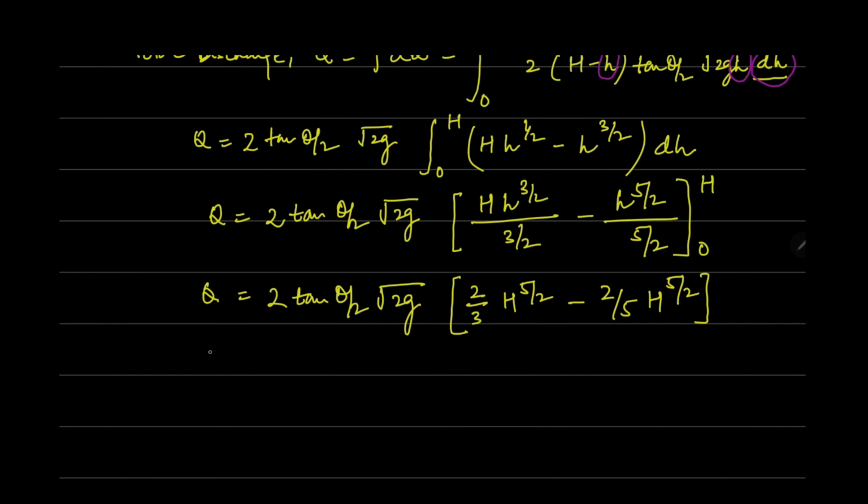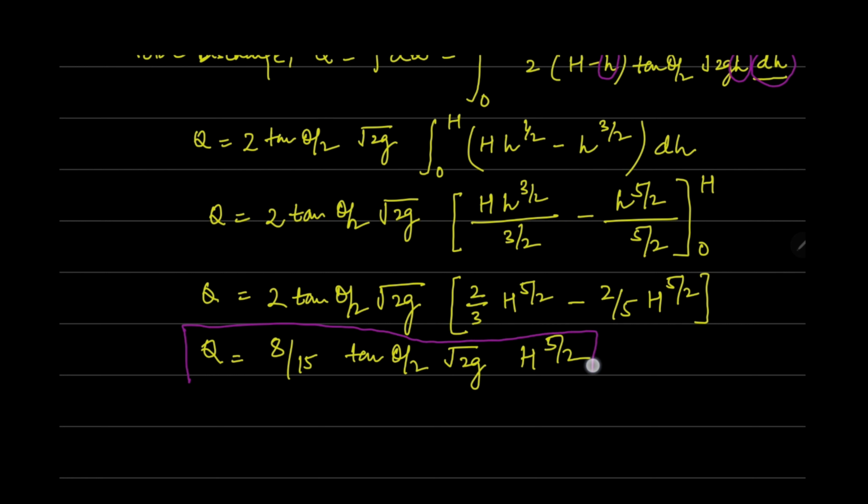So after rearranging the above equation, this will look like Q is equal to 8 by 15 tan theta by 2 multiplied by under root 2g h raised to the power 5 by 2. So the final equation we are getting is this one.